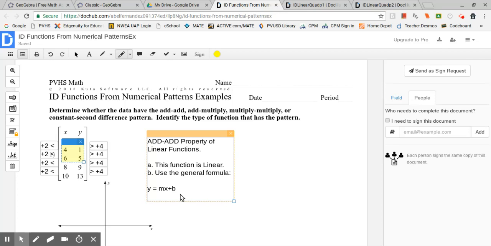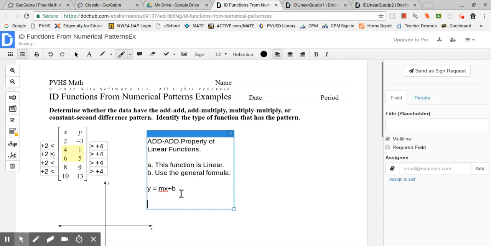Okay, so then we're going to use y equals mx plus b, and we're going to use m, the slope, equals, right? What is it? y2 minus y1 divided by x2 minus x1. Well, where's my x1 and y1?